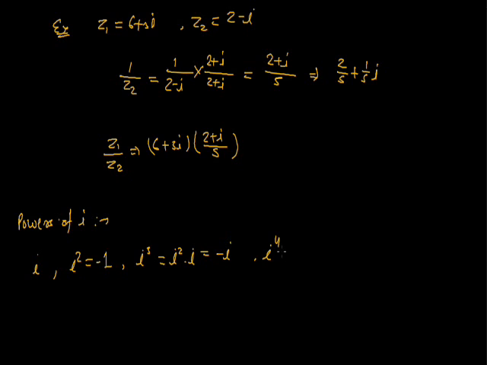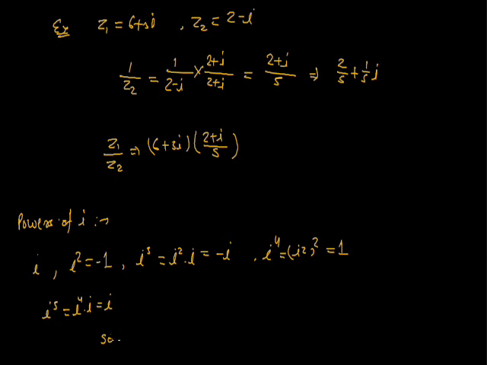Similarly, iota to the power 4 is equal to iota square to the power 2, which is exactly equal to 1. Similarly, when we find iota to the power 5, we get iota to the power 4 into iota, and again it will become iota. So we can say it is the same as iota to the power 1.